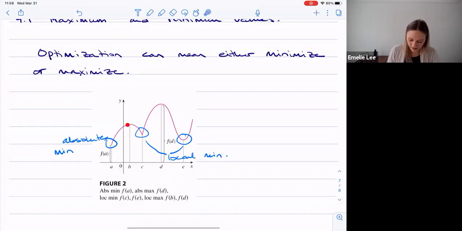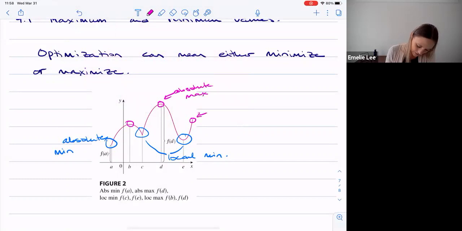Same idea for the maximums. Graphically, we can see the maximums easily. We have these maximum points here. This would be our absolute max. And these are our local max and local max.